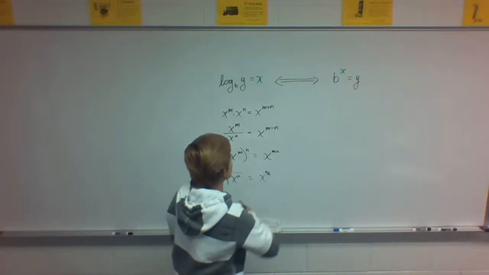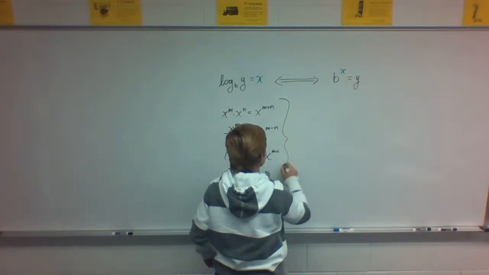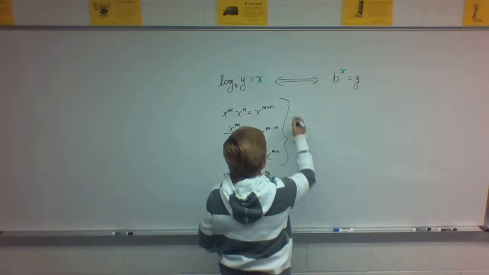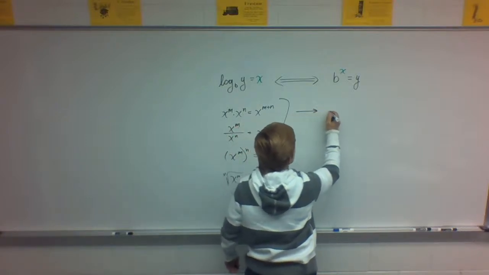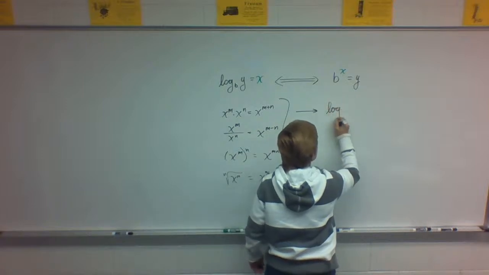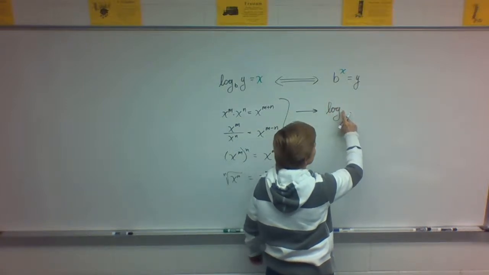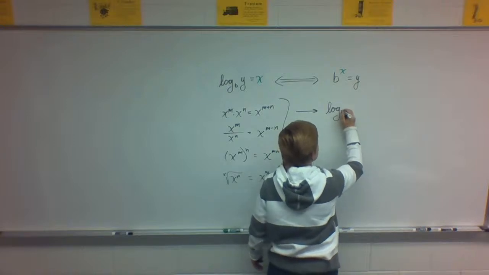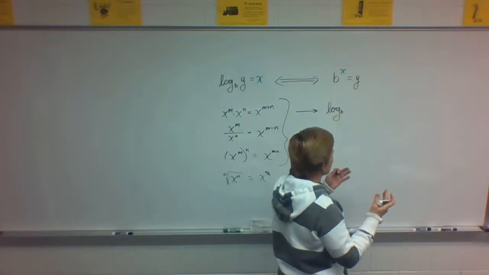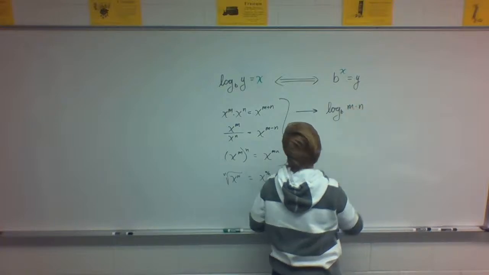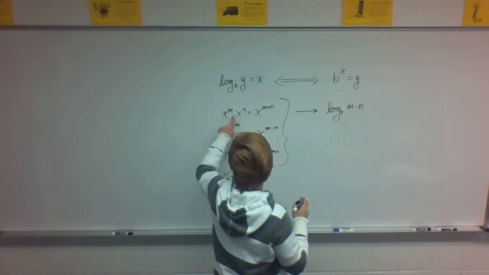We're only going to deal with these three. And it looks like this. The first one translates over like this. If you have the log, I'm just going to leave this base 10. I'm not interested in the base at this point. Well, just so you understand, it's not just base 10. I guess I'll just call it b. We don't care what it is, but it's a log base b of m times n. That's your product part right there. And I know you're going, that isn't what that looks like.